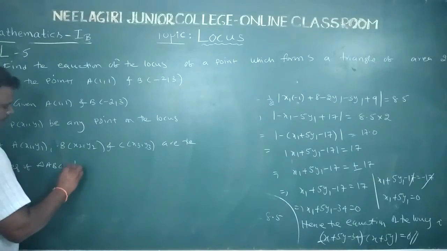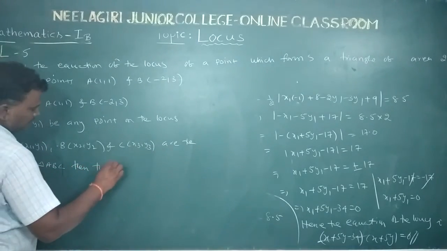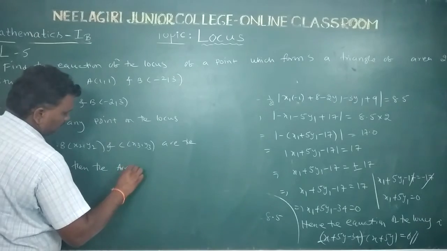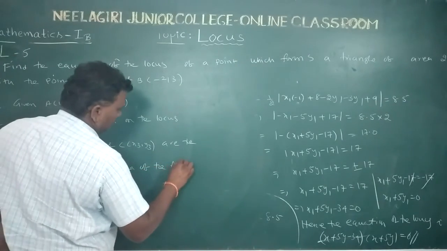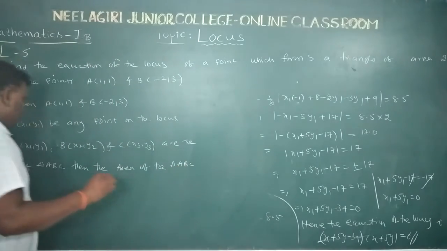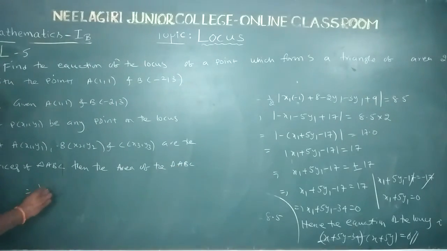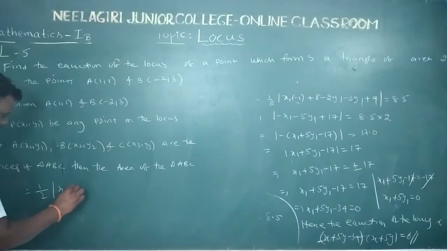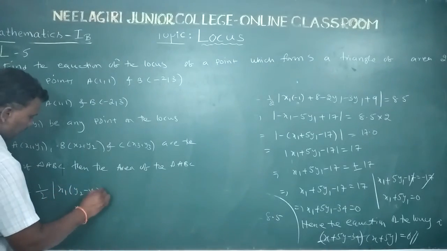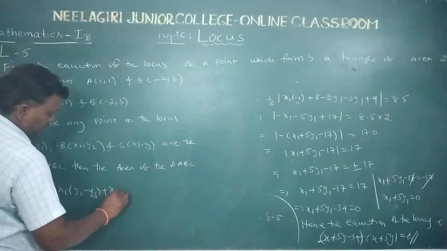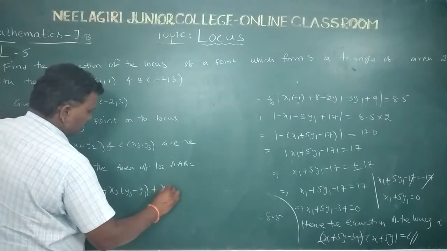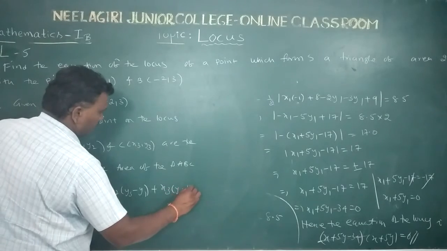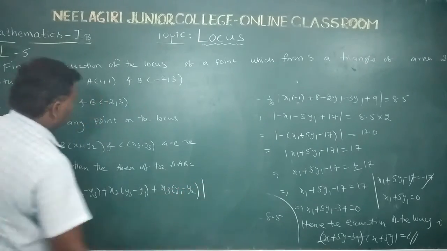Then the area of the triangle ABC is equal to half into x1(y2 minus y3) plus x2(y3 minus y1) plus x3(y1 minus y2).